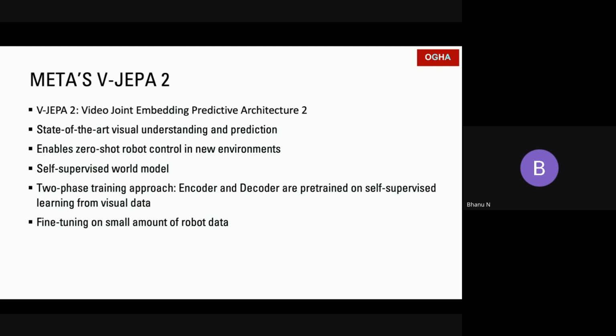Now the new one is 1.2 billion parameters or something like that. They gave millions of hours of video feed, and they further increased it so that it gets better and more nuanced for this particular version. And then once you have that, you fine-tune it on a small amount of robot data, for the specific application that you're going to take the robot to. And that's where you can apply it to a new scenario.